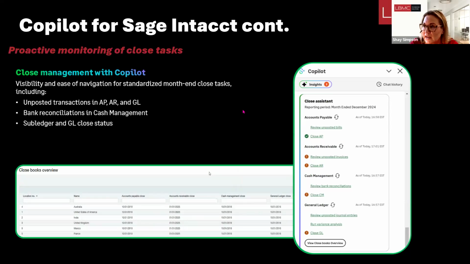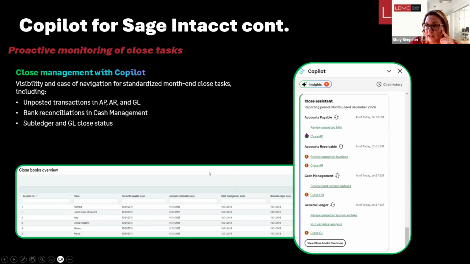But this is going to allow me to see where I am in the month-end close. Do I have unposted bills sitting in AP that need to post? I may want to close down my AP subledger. How often do we need to do that? We may not close the books, we're talking about shortening the month-end close, until maybe the 10th or 15th of the month.